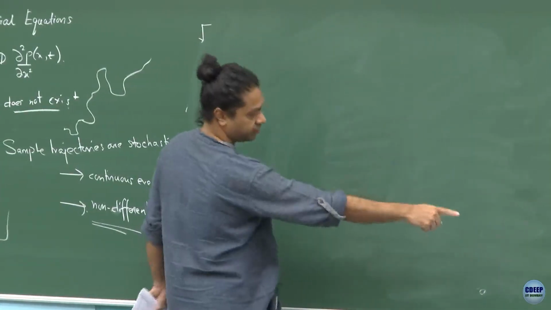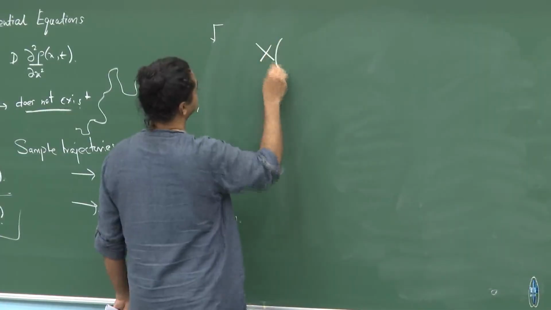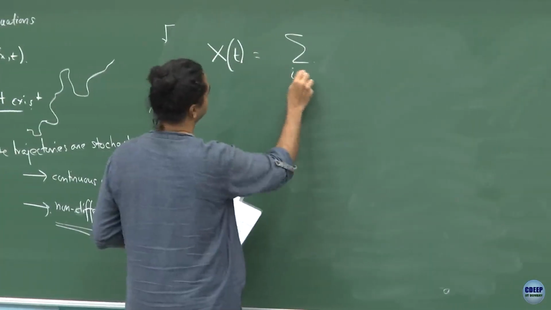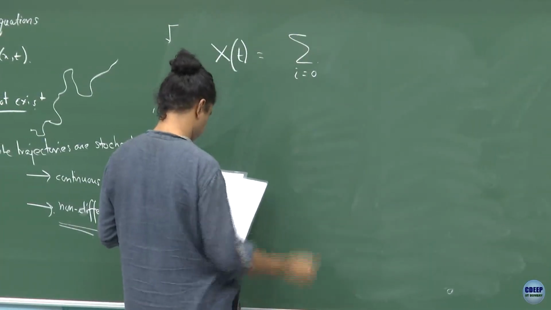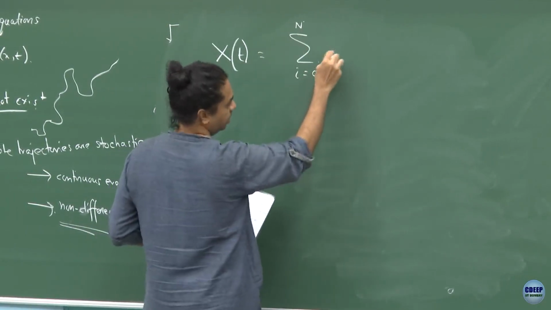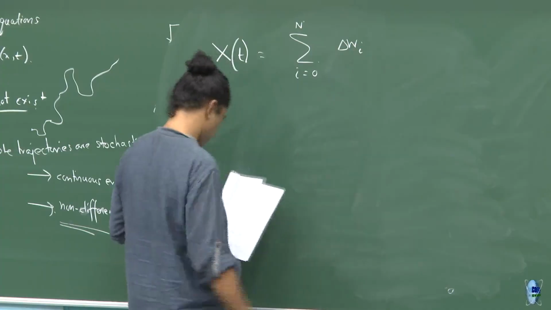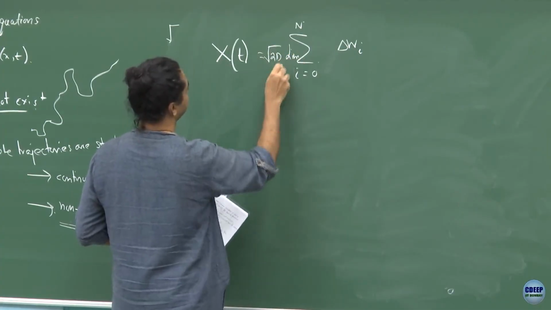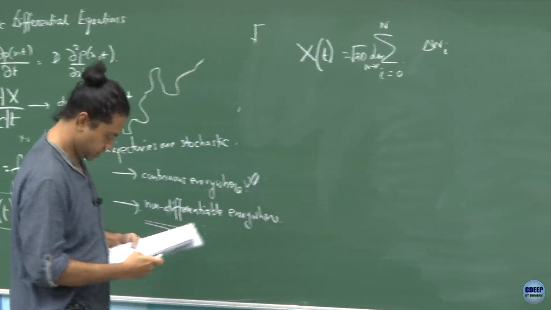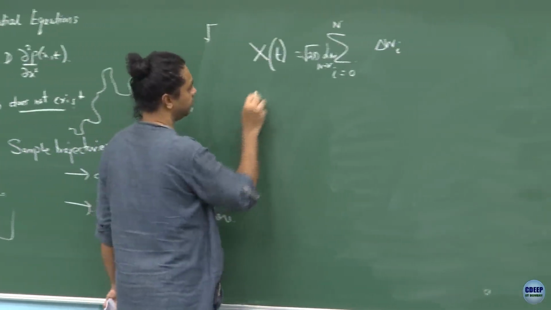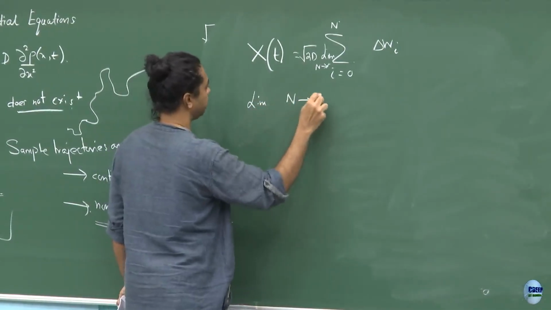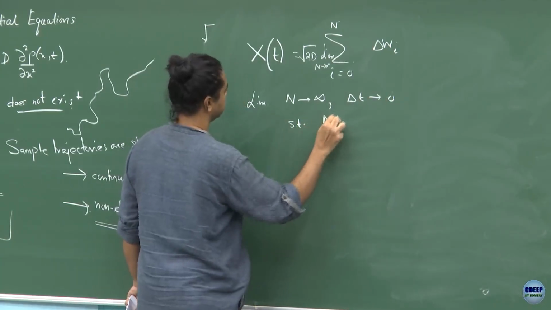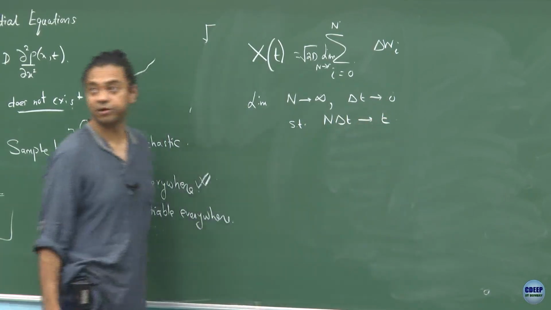So what I have is x at time t essentially is the sum over i equal to 0 to n of delta w i, square root 2d of course, and I want to take the limit that n goes to infinity, delta t goes to 0 such that n delta t is finite and goes to t, because that is my final time.